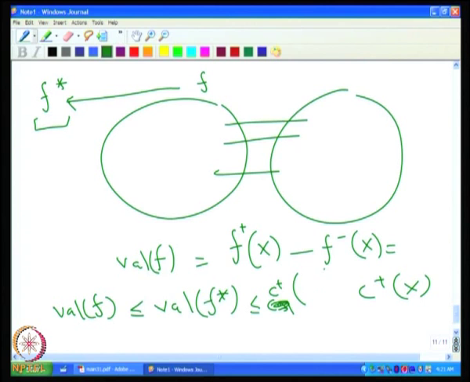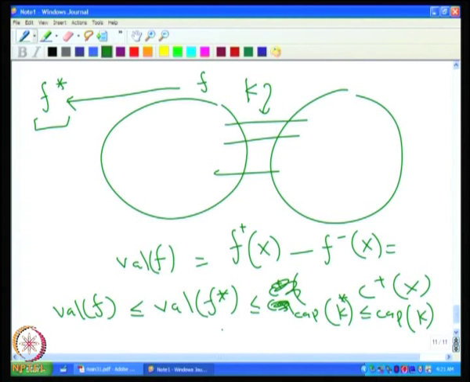Let us call the cut x, and let us say the capacity of the minimum cut has to be less than or equal to the capacity of this particular cut, because the minimum cut is anyway less than or equal to this.